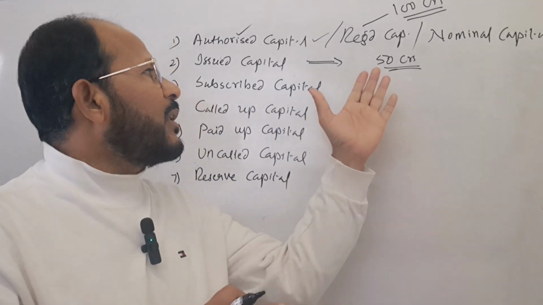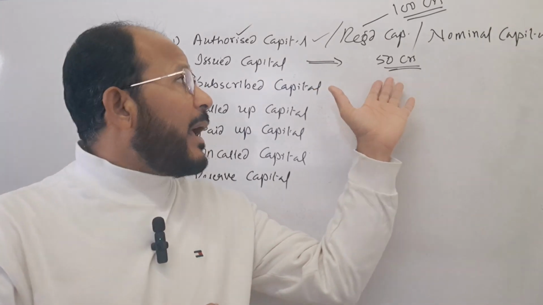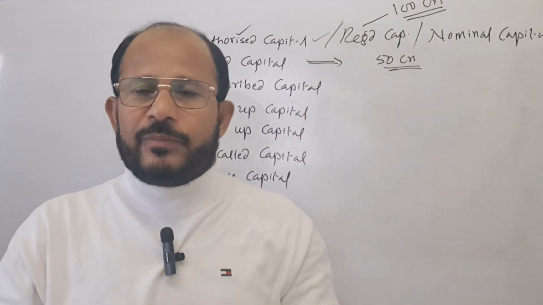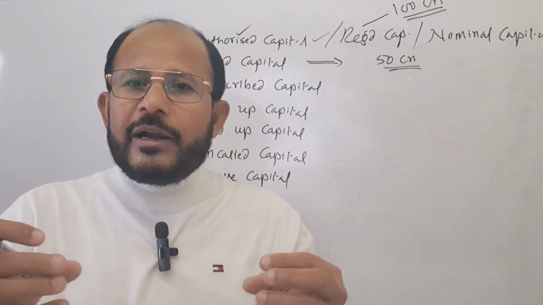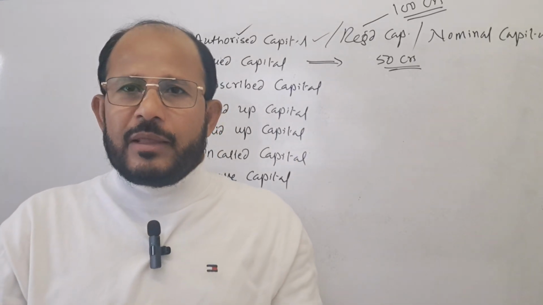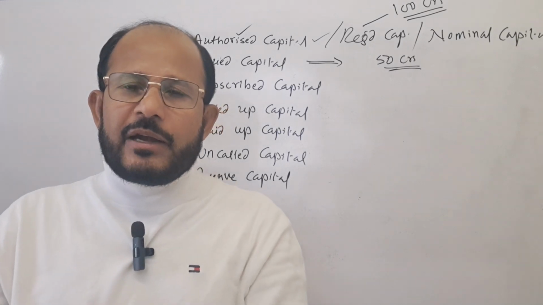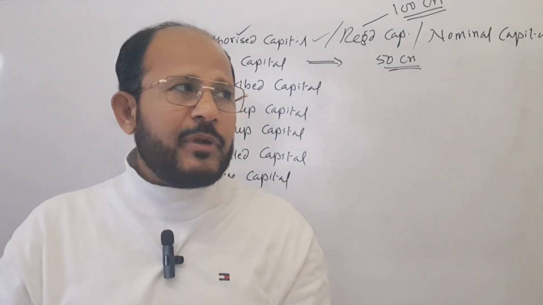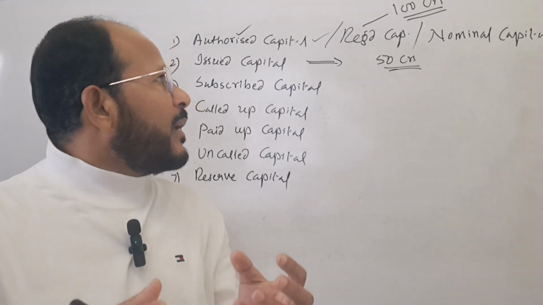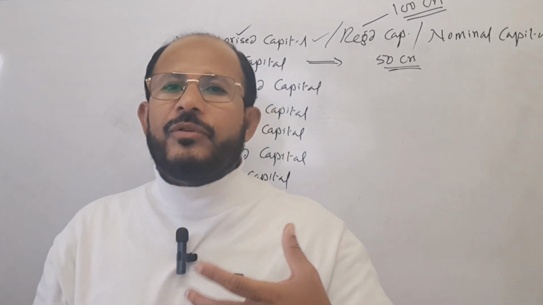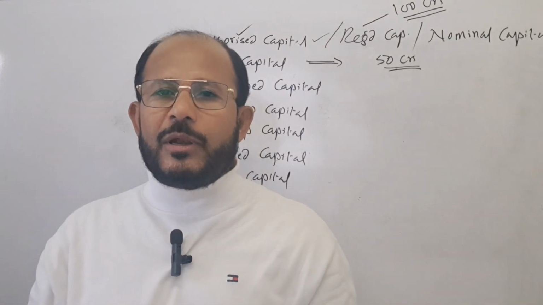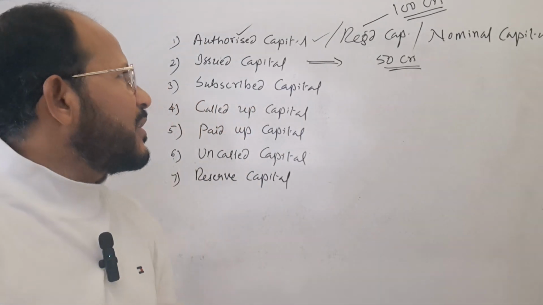So the directors plan to collect rupees 50 crores. Here the 50 crores will be divided into small units, that may be rupees 100, rupees 500, rupees 1000, like that. The value of the share will be determined by the board of directors, and after that it will be informed to the public and the public will purchase the shares.